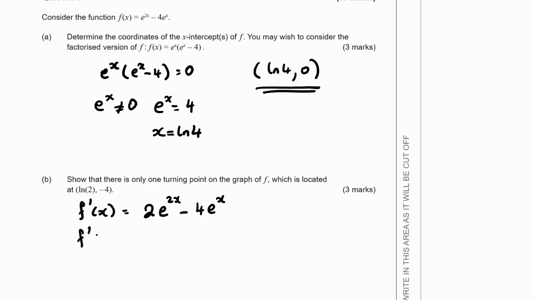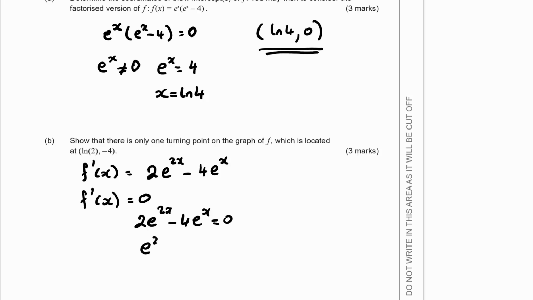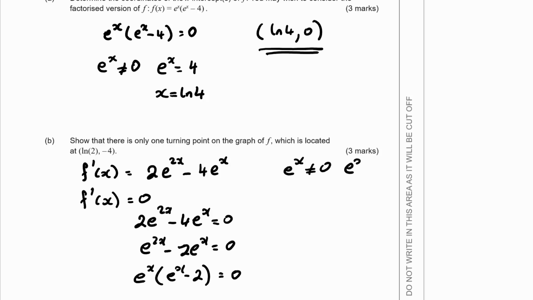And so for f dashed x to be equal to 0, we need 2e to the 2x, take away 4e to the x to be equal to 0, which means e to the 2x take away 2e to the x equals 0, which gives me e to the x take away 2 is equal to 0. And once again, we know that e to the x cannot be 0. And so that would give me e to the x equals 2, which gives me x equals ln 2 as required.